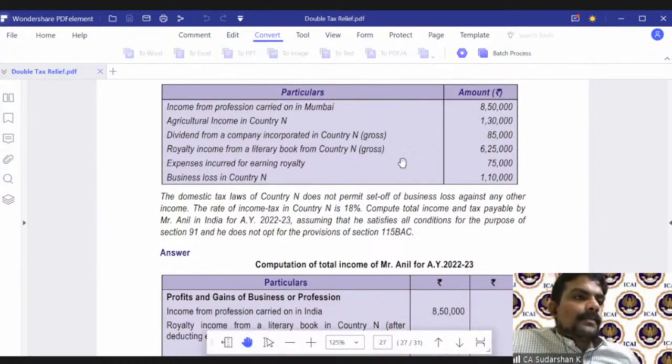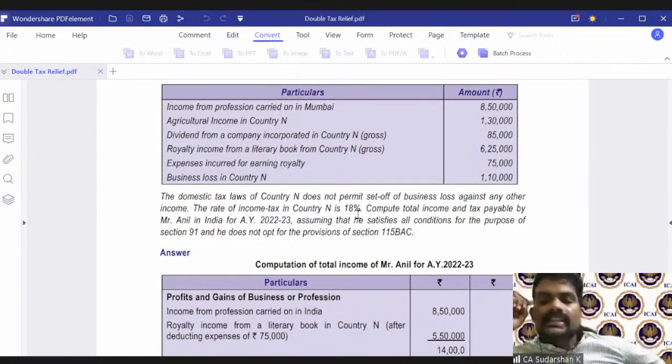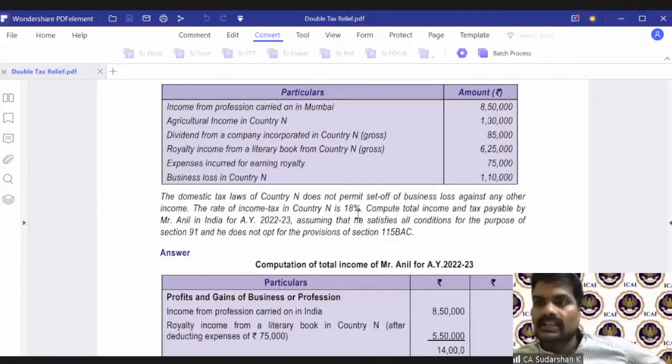Because why should a loss that I made in another country be set off in India? Because the Indian government's argument will be, next year when you make income in that country, why don't you set it off in the future? Why are you setting it off with India tax? So your India tax base will get reduced because these are base reducing.